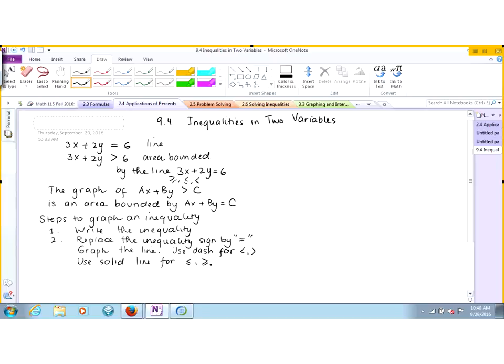Okay? And then choose a test point. Usually it's 0, 0, the easiest one, which is any point, but it cannot be on the line. So any point not on the line.